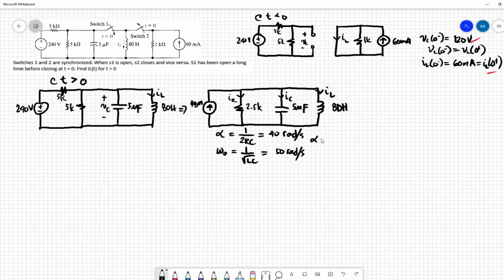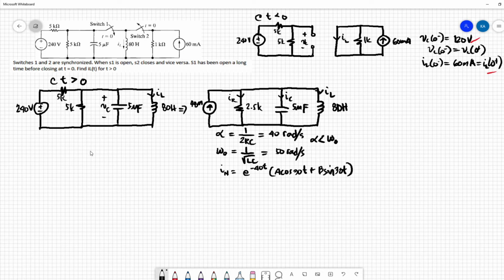So our alpha is less than omega naught, so our circuit is an underdamped circuit. We have our natural response equal to e to the negative 40t, where 30 is our omega d, equal to square root of omega naught squared minus alpha squared.